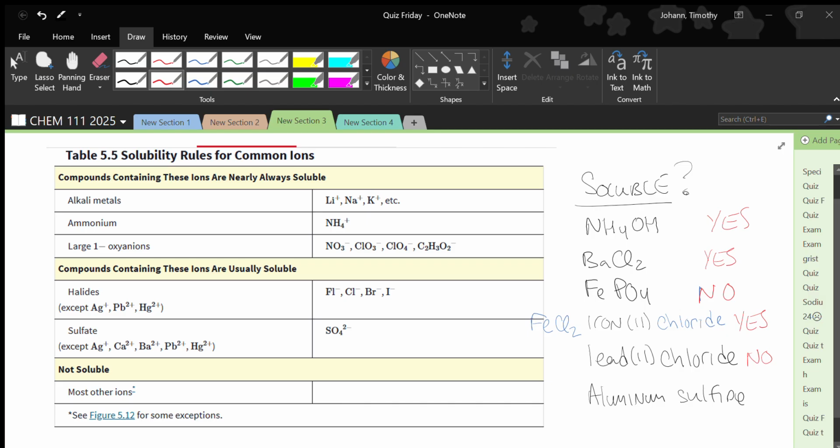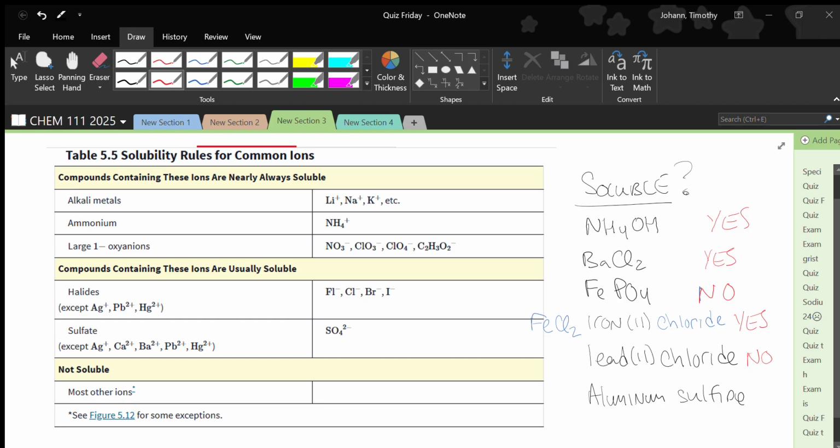All right, aluminum sulfide. Is this sulfide? No, it's sulfate. So aluminum, do you see aluminum up there? I don't see Al up there anywhere. Aluminum's over there in what we call the third column, right? It's not the third column, it's the 13th column, but the third column when you're thinking about top things.